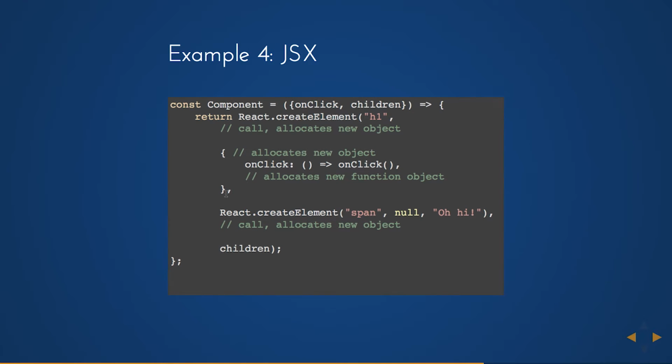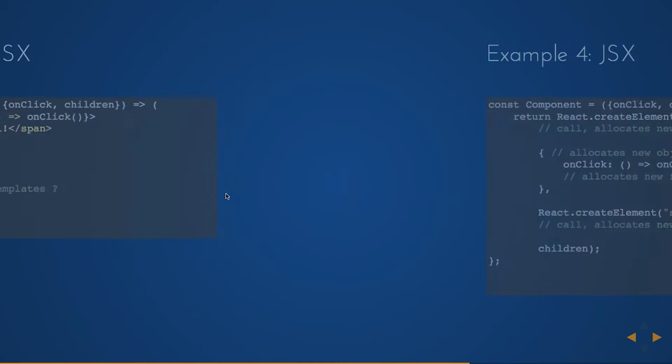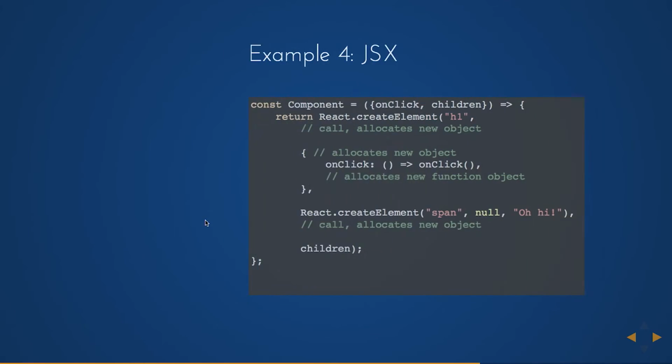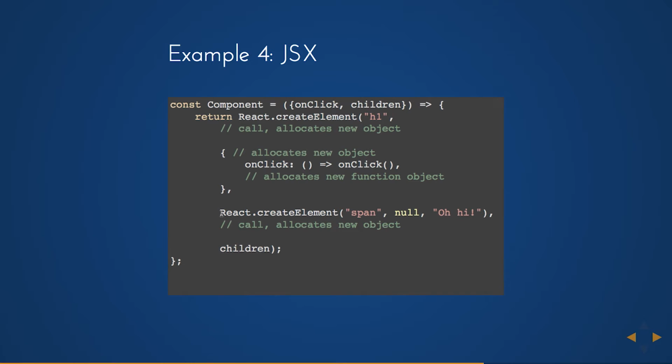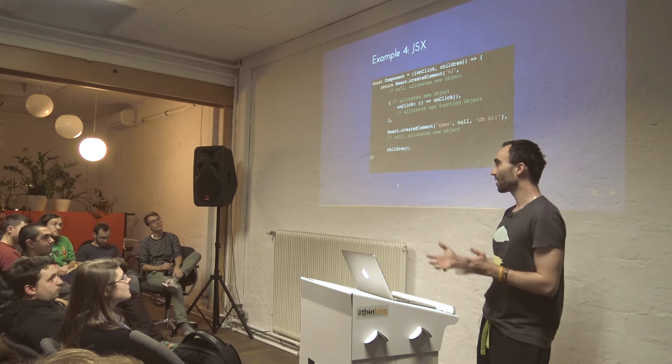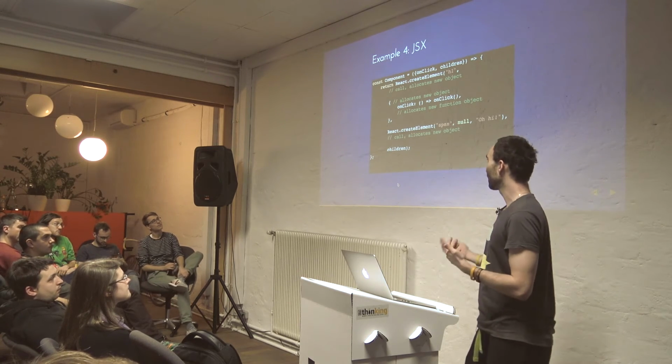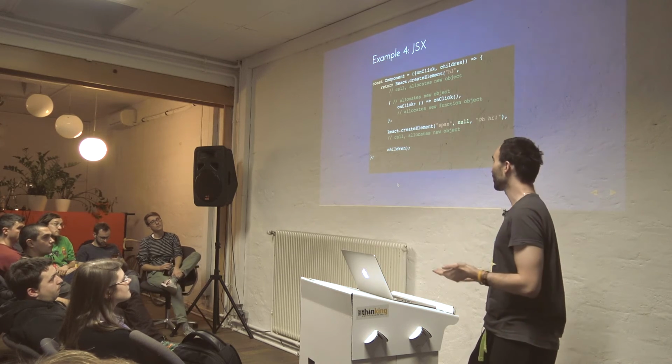And you have tags which are not changing, like the span here, but the compiler always calls this method, and it always allocates a new React element. That's what React createElement does. And React internally has to do some housekeeping to actually figure out that the element didn't change.